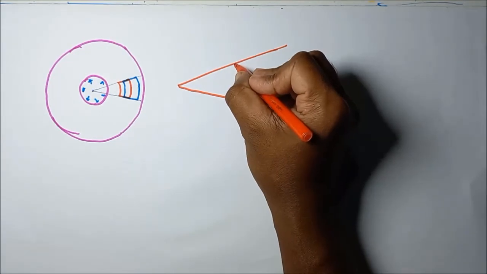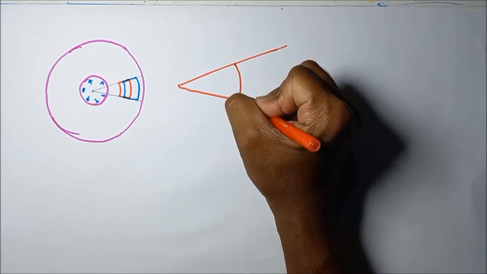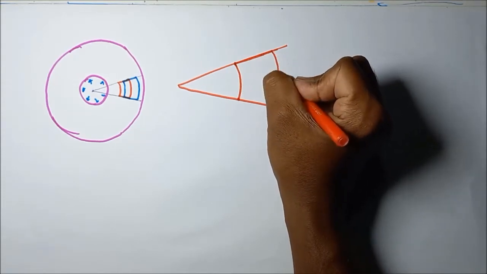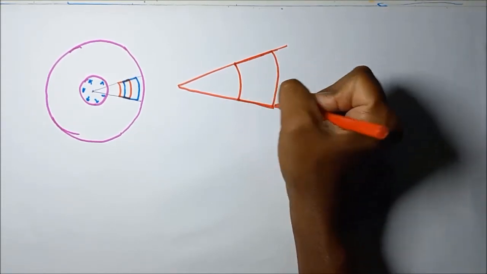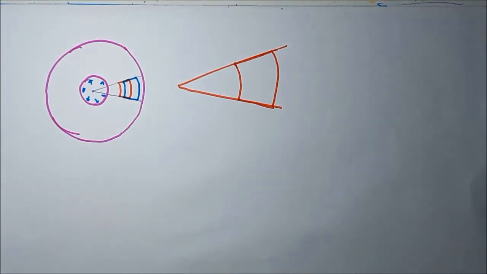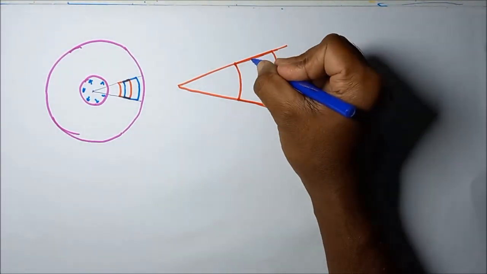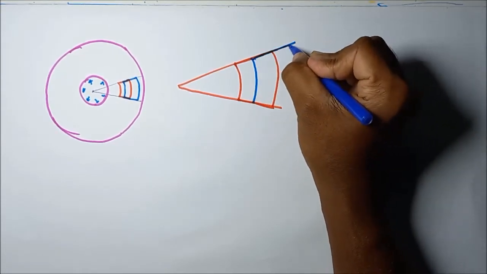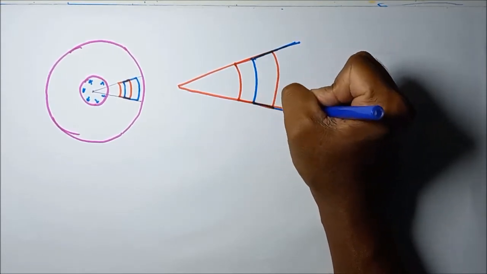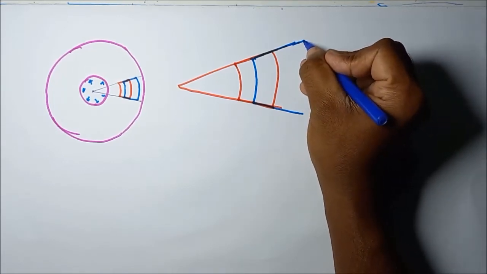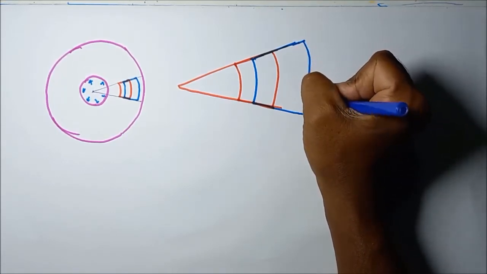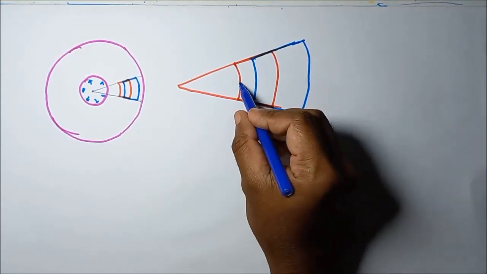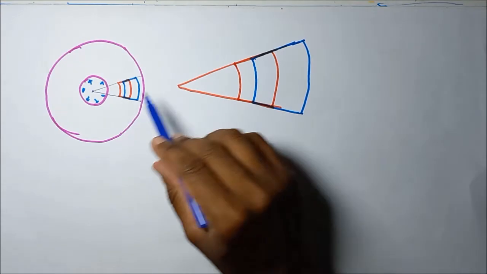Then this is our first stress element, before applying the pressure. After applying the pressure, it has displaced to this kind of position. That means this wall has displaced to this position, then this wall has displaced to this position because of the internal pressure.